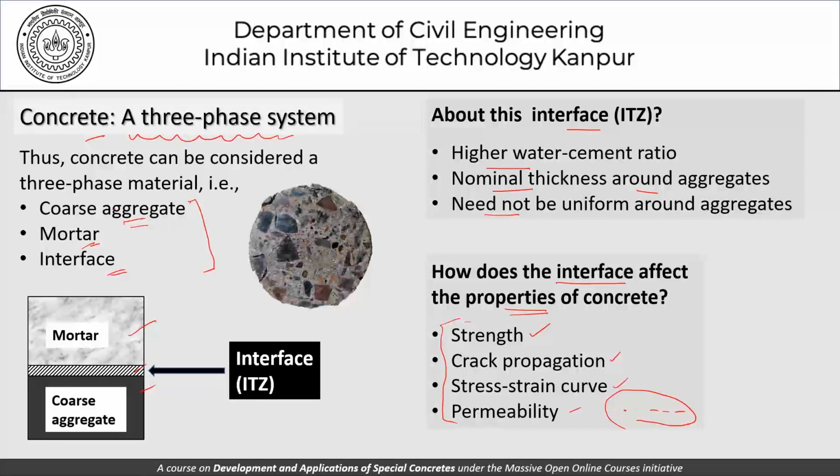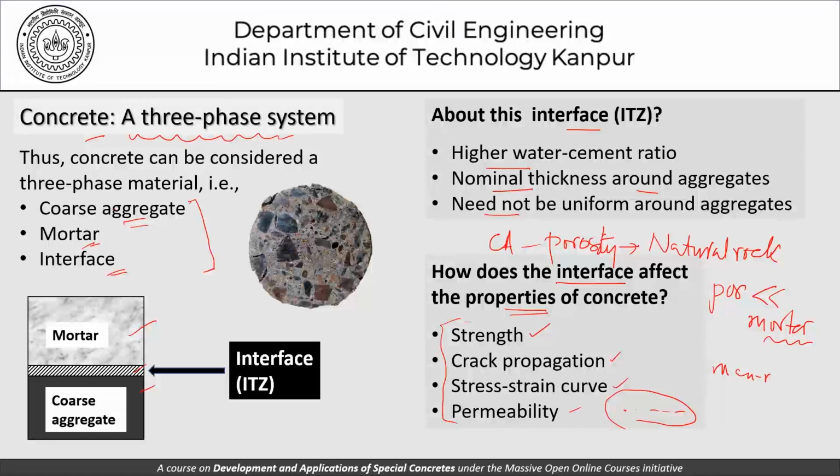We must also remember that coarse aggregates have their own porosity, except that they are natural rock most of the time, and their porosities are much lower than the mortar that we create. And this mortar, when it hardens, or for that matter even concrete when it hardens, is like a man-made rock, right?